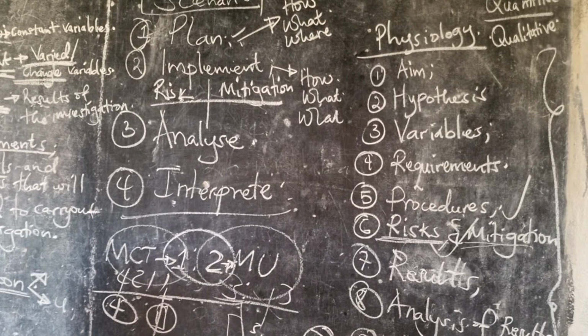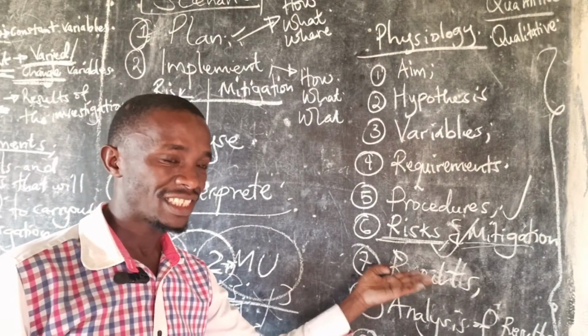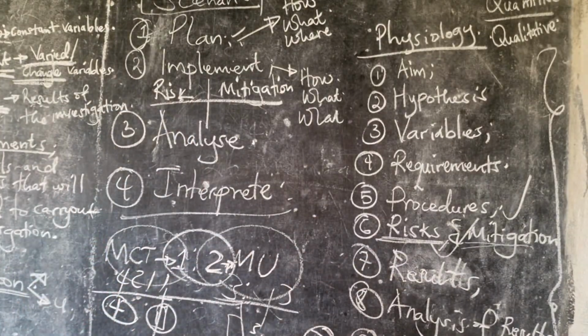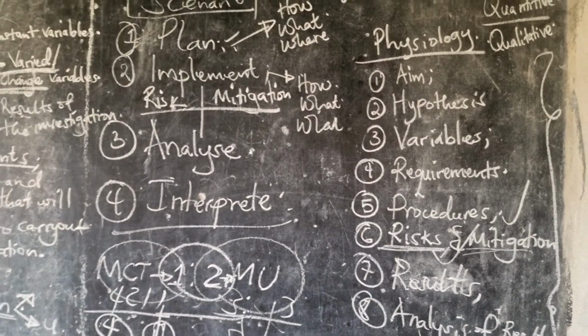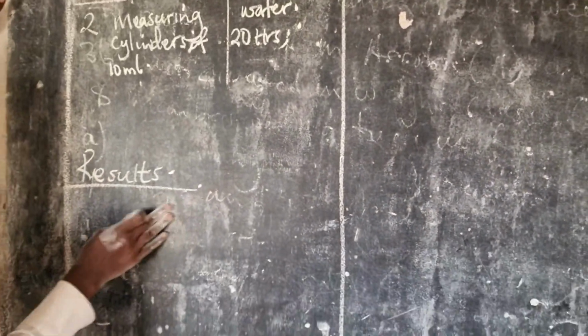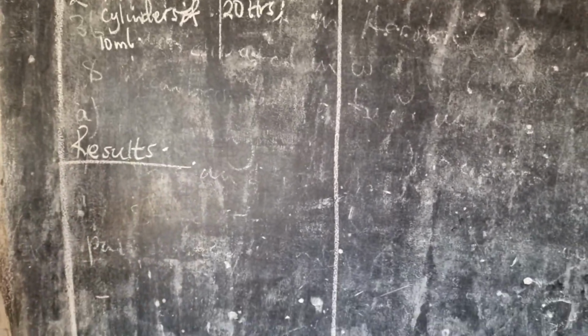Then the results. They always make a table to write the results. My learners always make a table to represent the dependent and the independent variables.